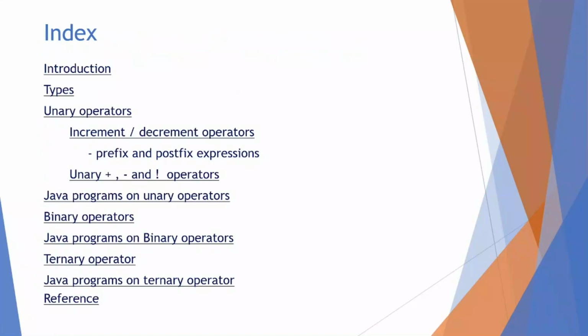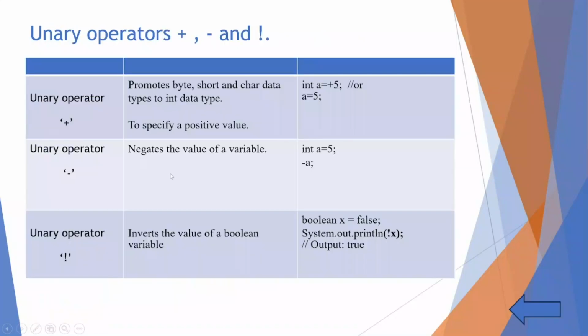Now other unary operators are plus, minus and exclamation. Unary operator plus does two things. It promotes byte, short and char data types to int data type, because byte and short are created just to store, not to do any calculations.